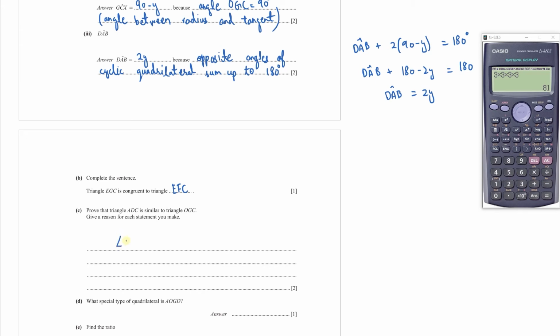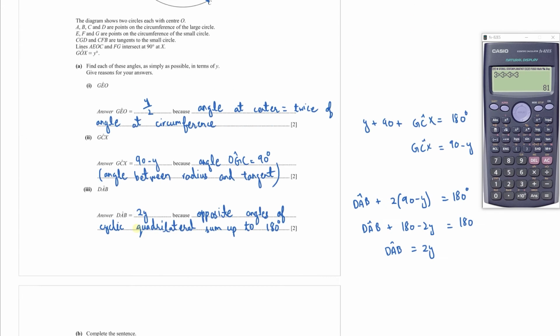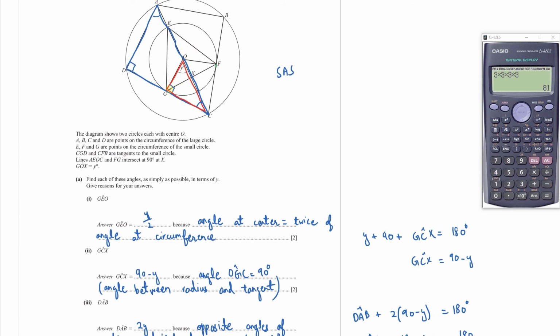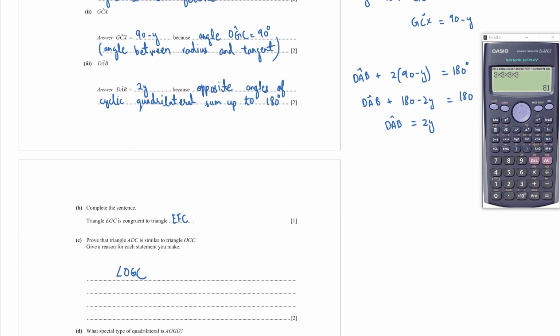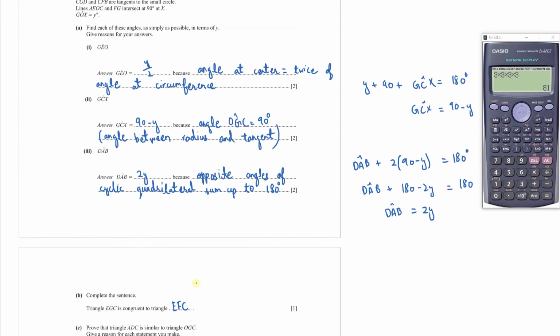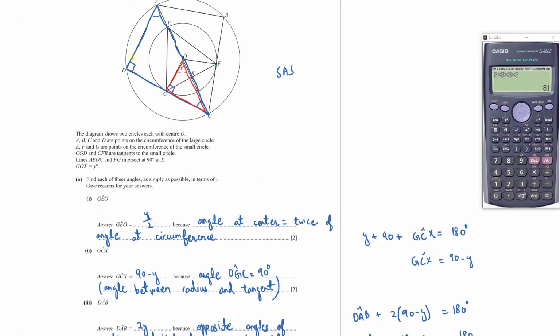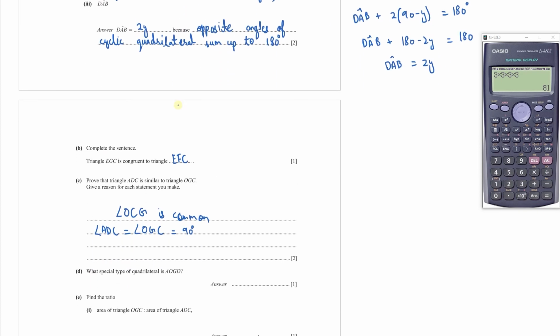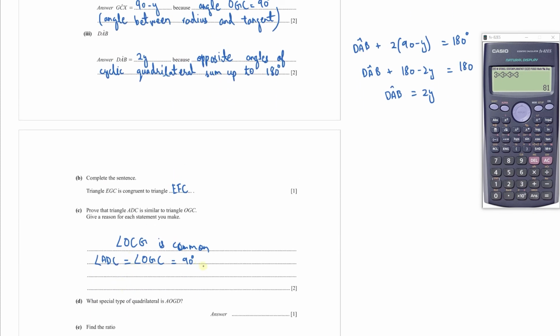So angle OCG is common, and then angle ADC equals angle OGC equals 90 degrees. These two, OGC and ADC, are 90 degrees.